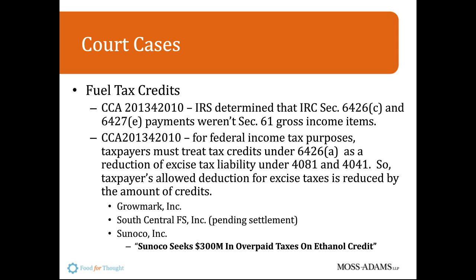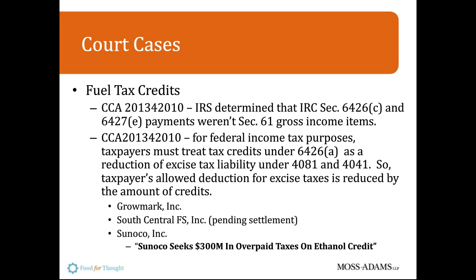And just a brief history here. Code Section 6426 covers most of the credits related to fuels. There was an ethanol blending credit. There currently is a biodiesel blending credit, and it also includes alternative fuel, and this is where most co-ops have the propane credit.